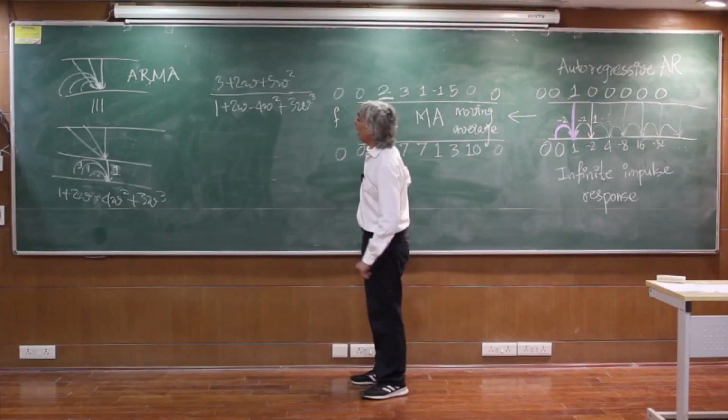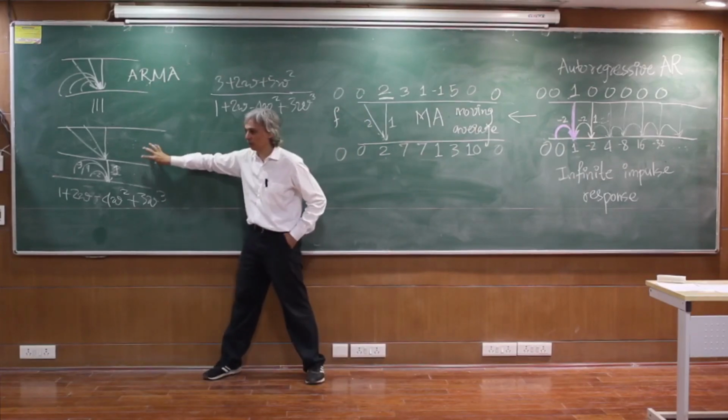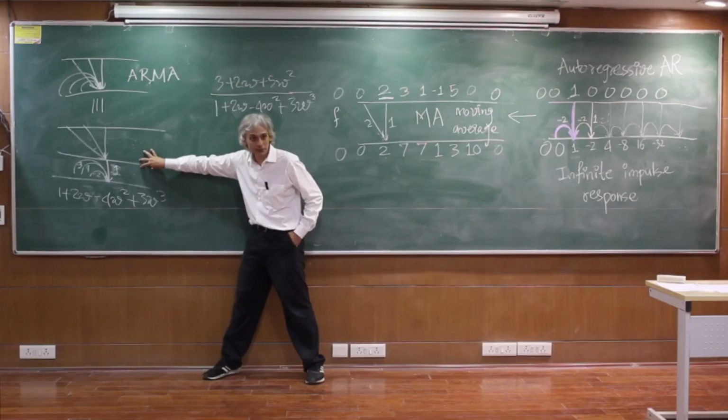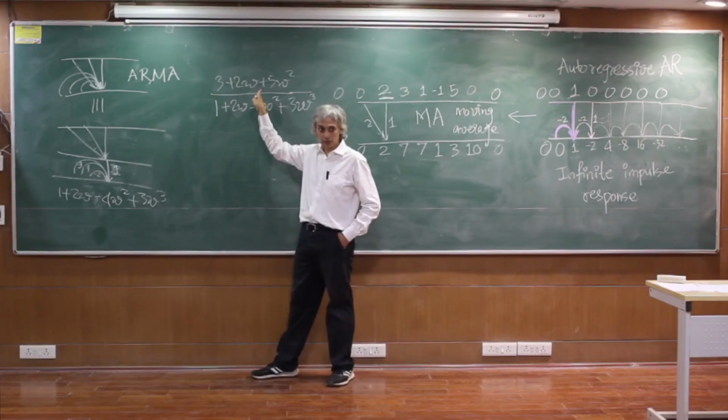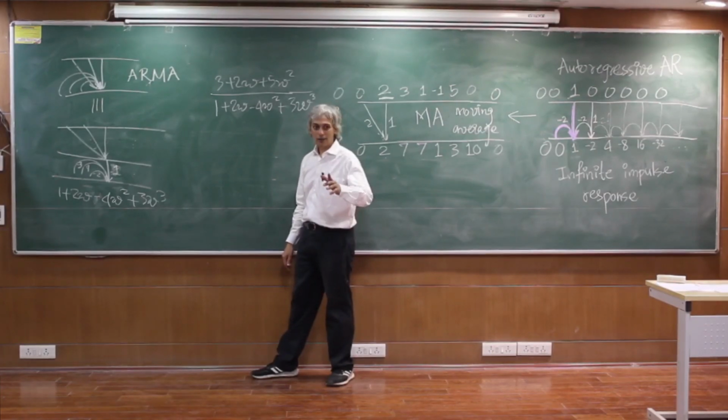Yes. What is the inverse of this ARMA filter? It's an ARMA filter. What is the W representation of that? Just the reciprocal of this. Okay? This much is okay? I'm going to ask you another slightly stranger question.